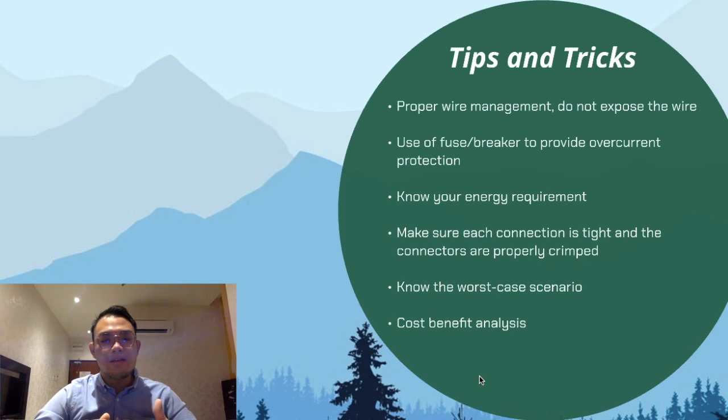The last one is regarding cost, which is cost benefit analysis. You need to balance the ratio of cost and benefits. We know in solar, everything is so expensive. You have the solar panel, the inverters, the solar charge controller, and everything. All of this is very expensive. You would like to implement a solar power system because you want to decrease the electric bill.